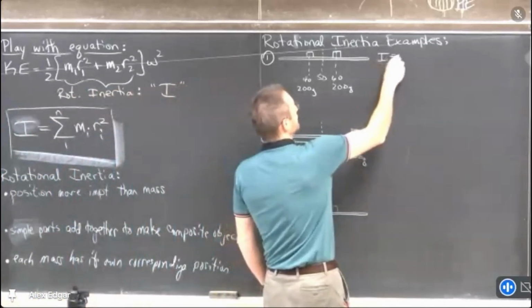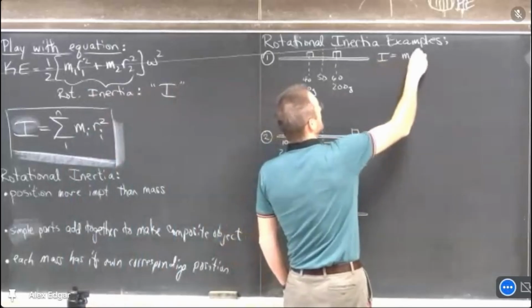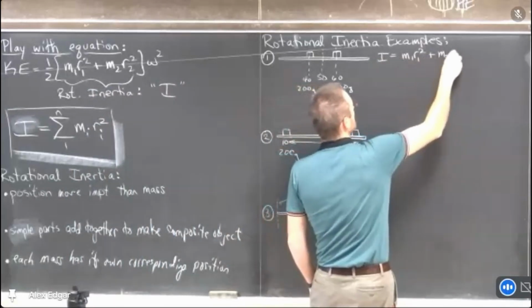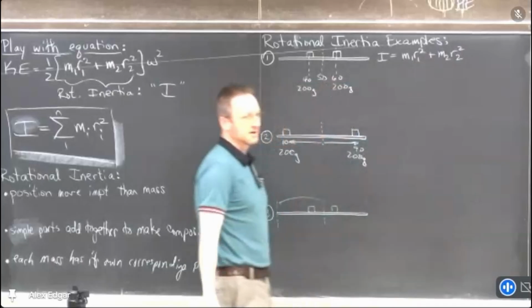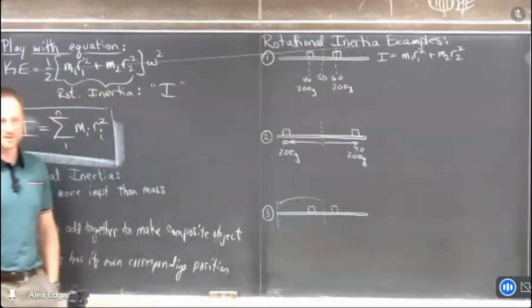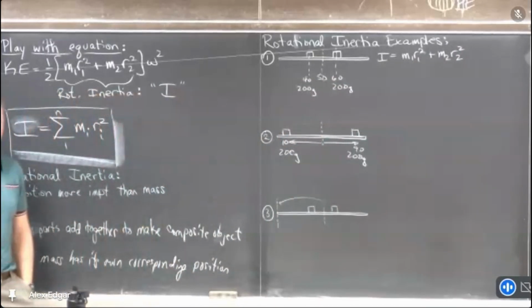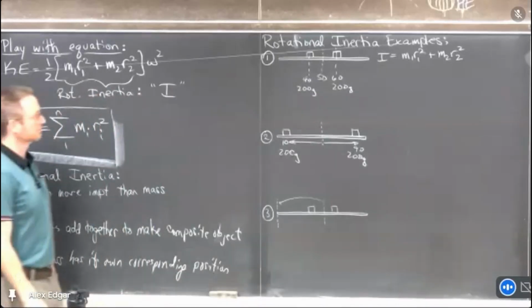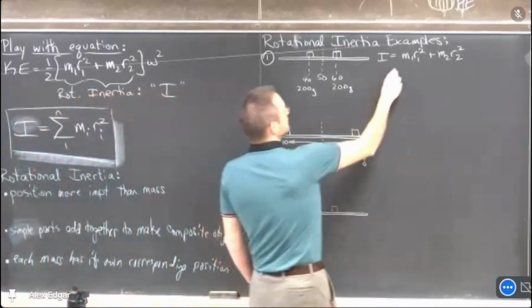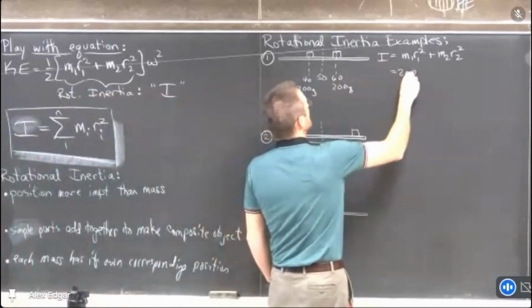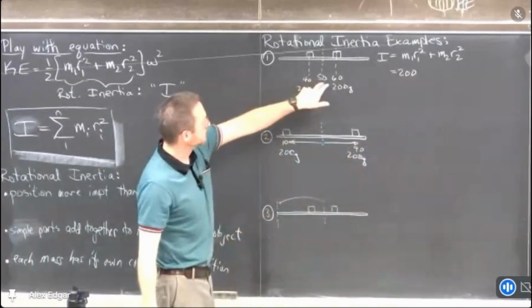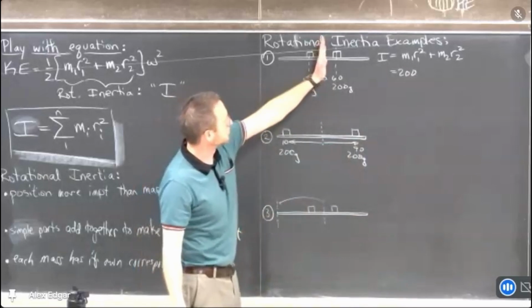The rotational inertia is going to be, let's add up the pieces. And I picked 200 grams because 200 grams is enough more than the stick that we're going to pretend the stick doesn't have any mass, even though it does. So the mass is 200 grams. Now, what matters is not the 40 or the 50 or the 60. What matters is how far it is from where you were holding it and spinning it.